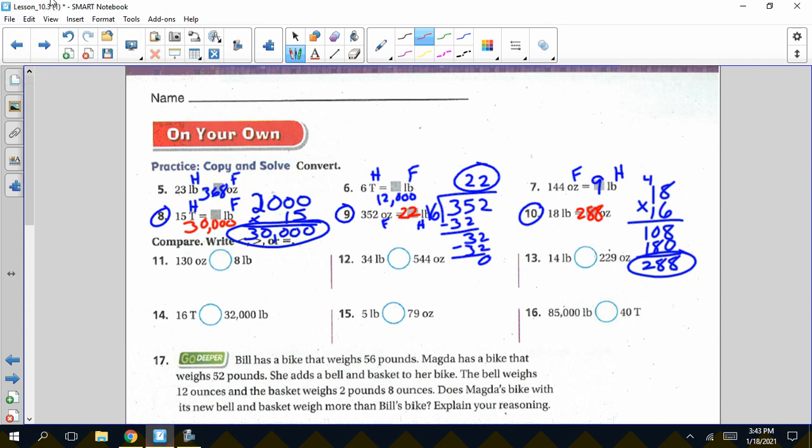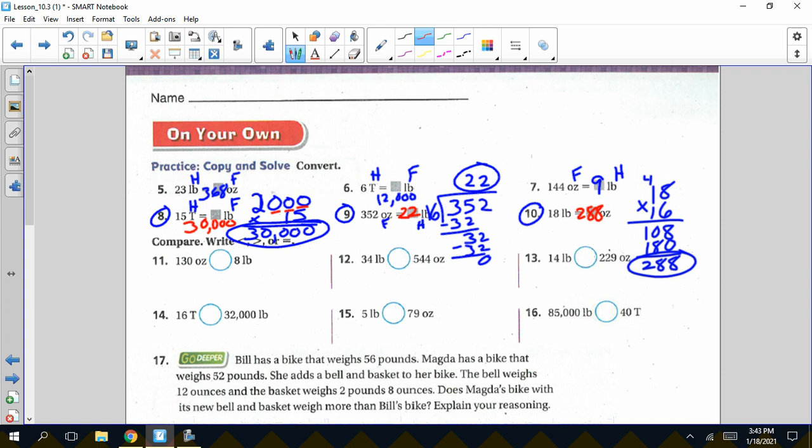All right, as you look over 8, 9, and 10 here, number 8, 15 tons is horse to fly, so we multiply by 2,000. I did 15 times 2 is 30. Add the 3 extra zeros. That gives us 30,000 pounds.